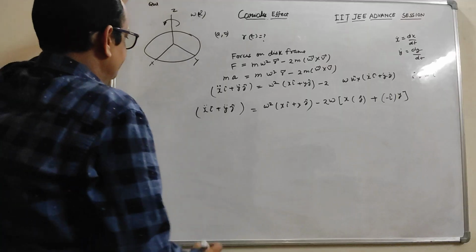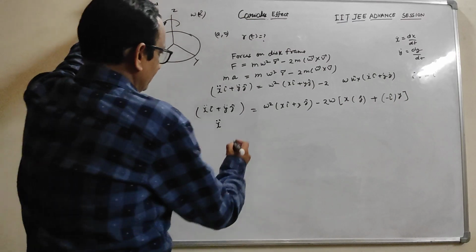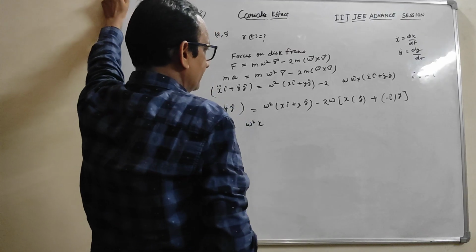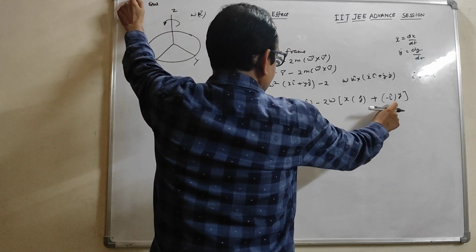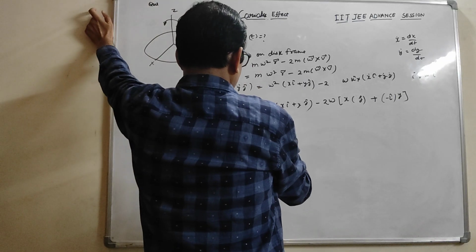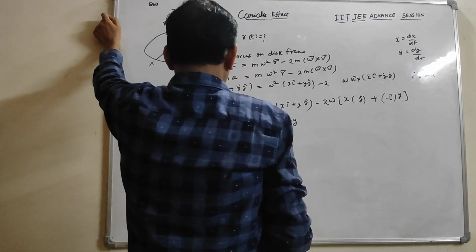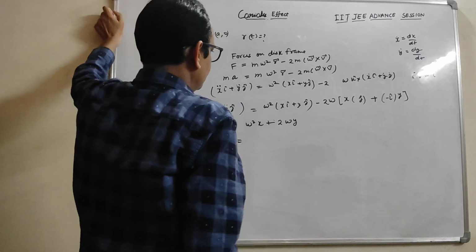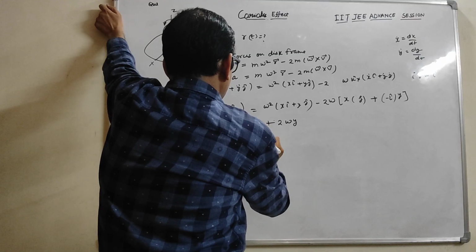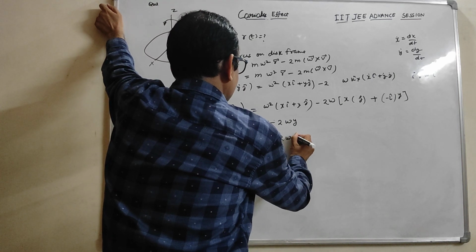So separate i and j: x double dot, and y double dot. So the i cap component is omega square x minus minus y dot, minus times minus, so this becomes plus 2 omega y dot, and for j, y double dot equals omega square y minus 2 omega x dot.